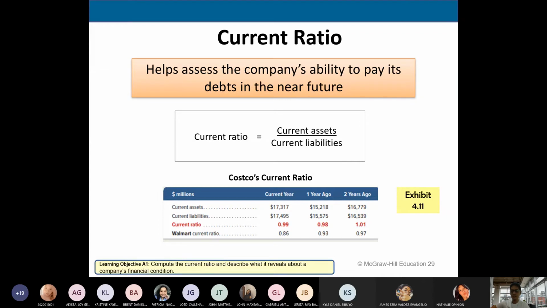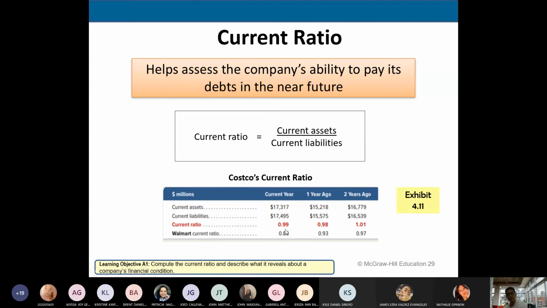So, tignan mo based from the example, no? So, current year, pag divide mo, 17,317 over 17,495, mas malaki yung liabilities. So, it means na kulang yung current assets niya para bayaran yung current liabilities. So, the company cannot pay its obligations in the near future.